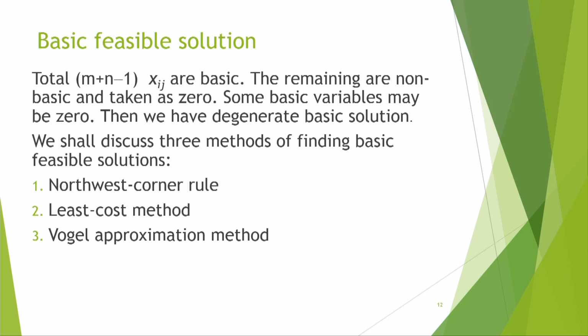To make the initial basic feasible solution, there are many methods, and particularly we will be studying 3 methods. One is called the north-west corner rule. Because in the transportation problem we represent data in the form of a matrix, as you have seen there may be 4 suppliers and 4 destinations, so we have 16 cells.